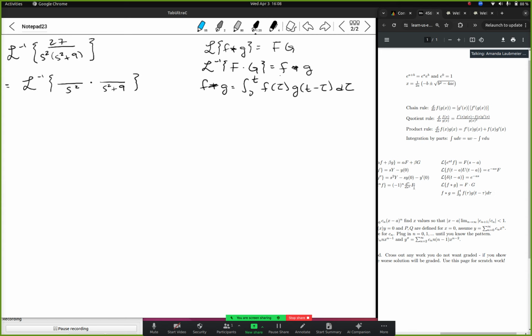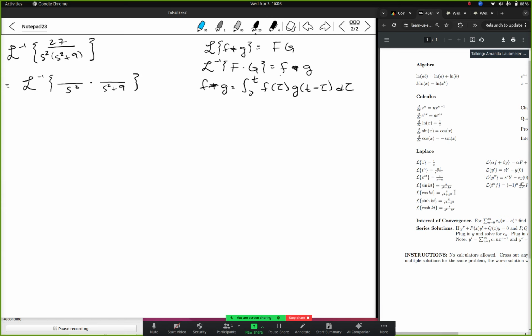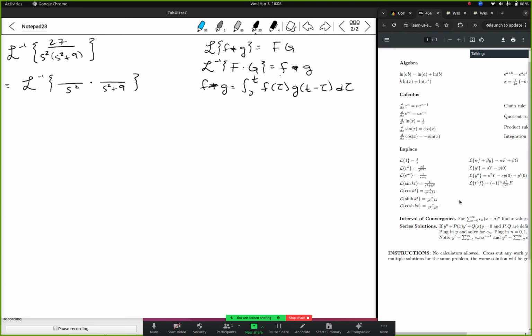So some number over s squared plus 9 is going to look like one of my inverse Laplace of this, taking me back to a cosine. Oh no, sorry, taking me back to a sine, this one up here. So I want the number on top to be the number that's squared on bottom, so I would like a 3 there.